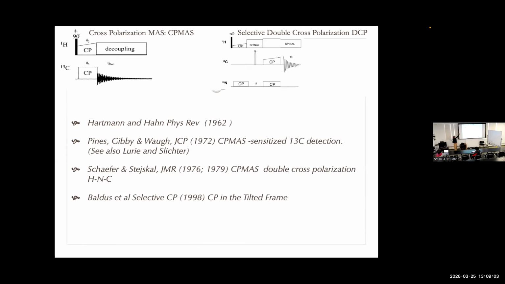So on the left, the same whole sequence we already talked about. You excite some protons, you have two spin locks and move to the carbon, and then you detect that free induction decay with decoupling. On the right, it's a cartoon for double CP, this Schaefer experiment and the centerpiece of all this paper, where first I move from protons to nitrogen, and maybe I would measure the nitrogen chemical shift in an indirect dimension.